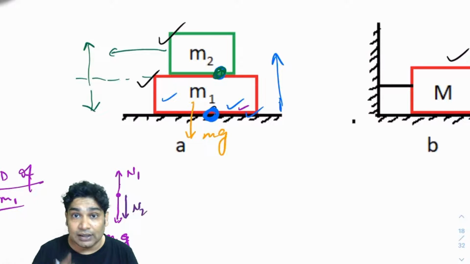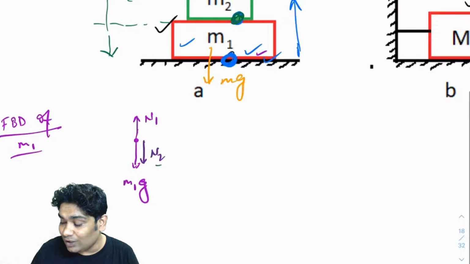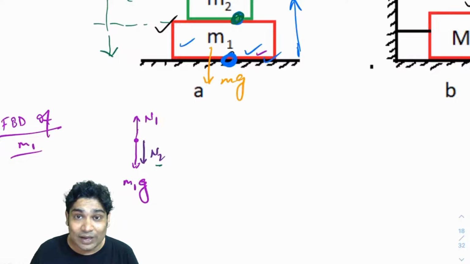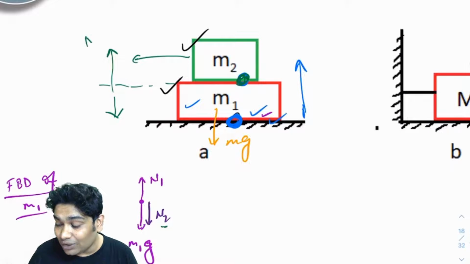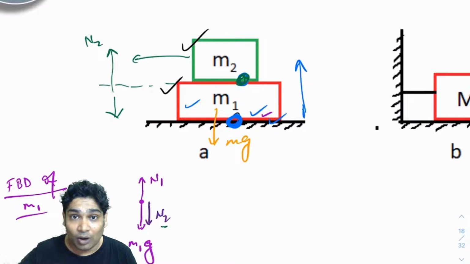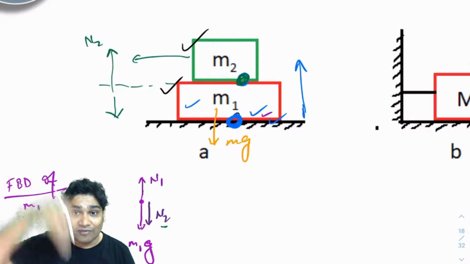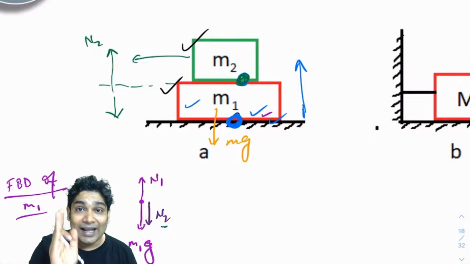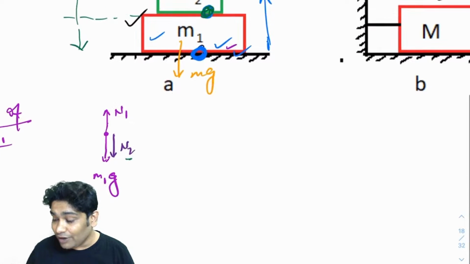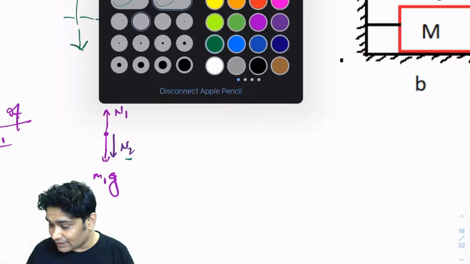From the third law, if M2 is pushing M1 by N2, then M1 would be pushing M2 by N2, upwards.